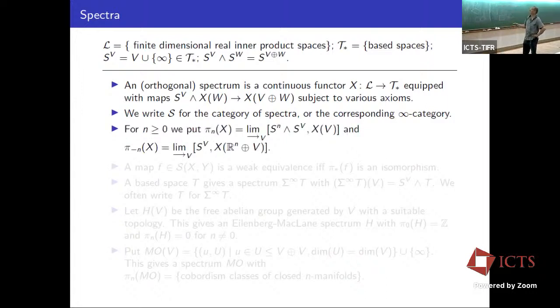Actually, the usual way has to invert the weak equivalences, so we need to explain what the weak equivalences are. So we need to define the homotopy groups of an orthogonal spectrum.